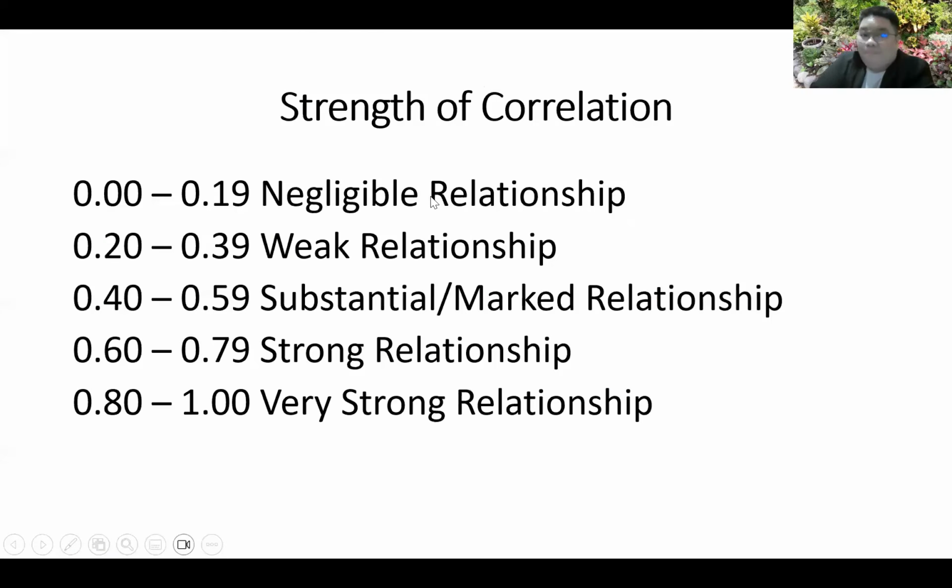We can interpret that value based on this interpretation table. The value I have given you is 0.513. What kind of relationship is it? Will it be negligible, weak, substantial, strong, or very strong?